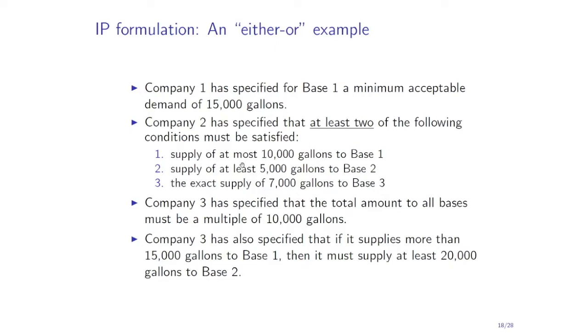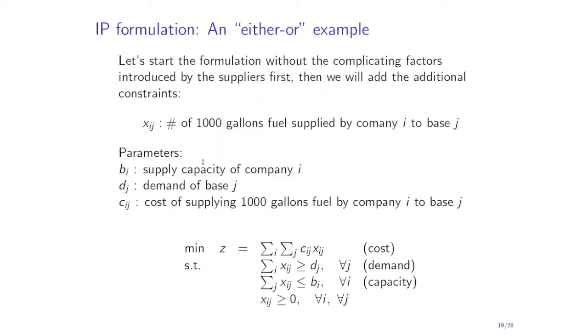Okay, now let's consider these constraints one by one. Before coming to these complicating constraints, let's formulate the problem regardless of them. Then we will add constraints corresponding to these conditions later. It is natural to define our variables like xij, where xij represents the number of 1,000 gallons of fuel supplied by company i to base j.